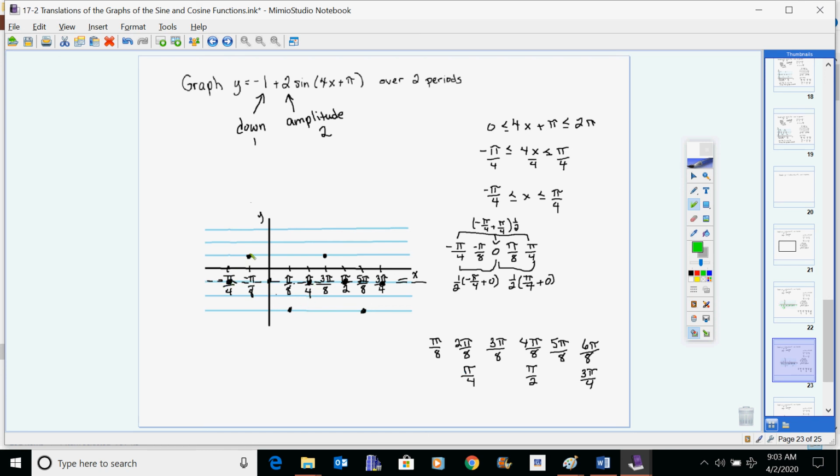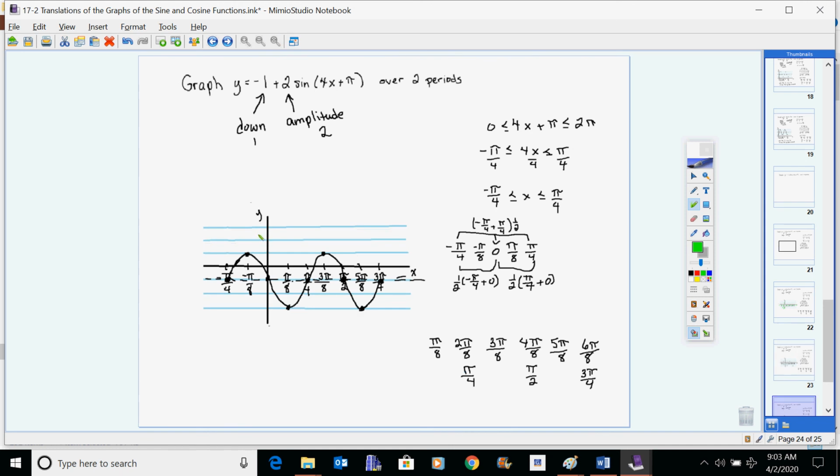So middle, up, middle, down, middle, up, middle, down, middle. Once you've started with the pattern, you just need to know where the pattern starts and which way to go. And you're just bouncing around between going up and going down and round and round. Okay? And then you sketch it in. We have a nice sine graph happening here.